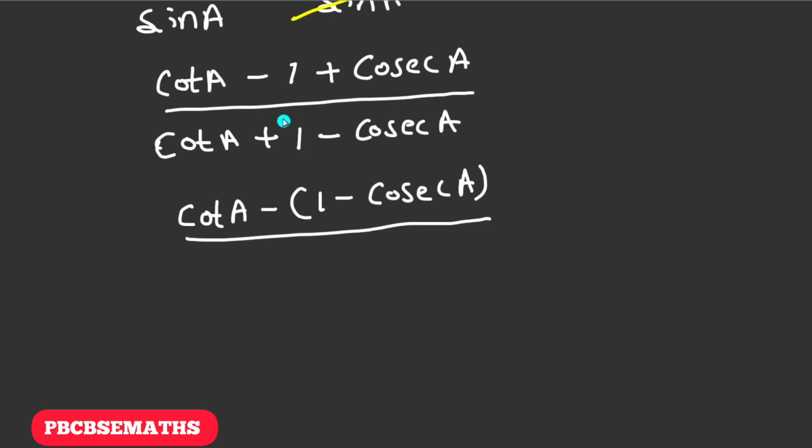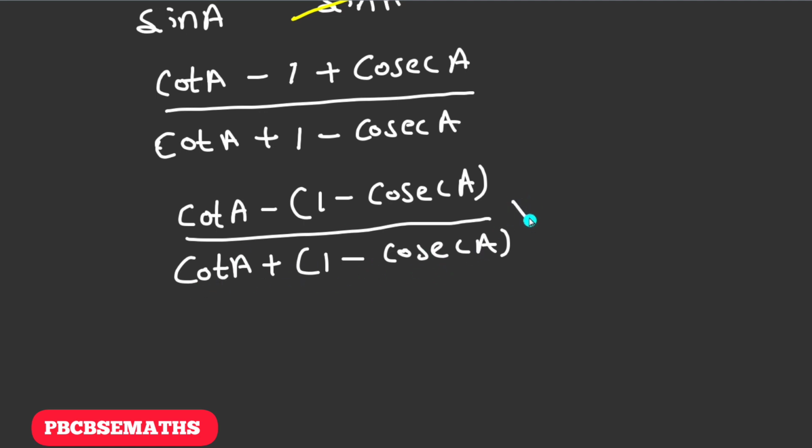In the denominator part, let's factor out this plus in these two terms. Then we have cot A plus (1 minus cosec A). Now let's consider it as one term and these two terms as one term, same in the denominator.